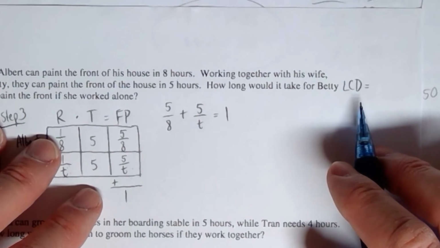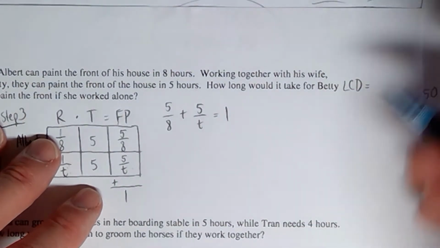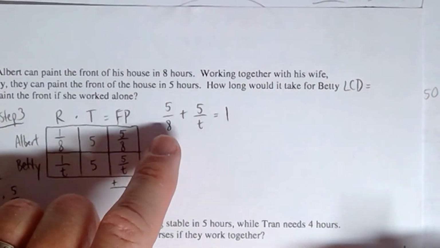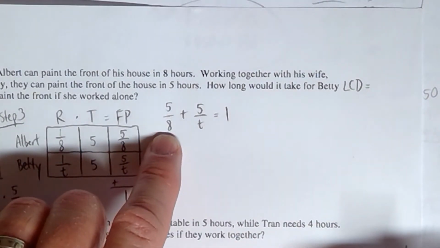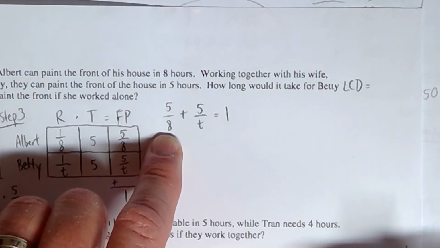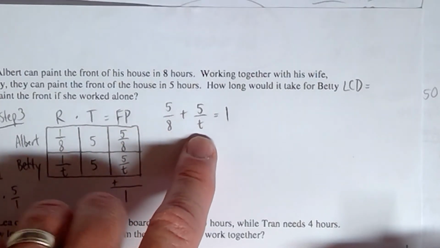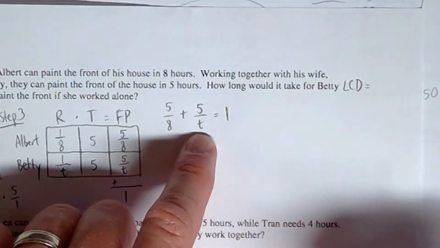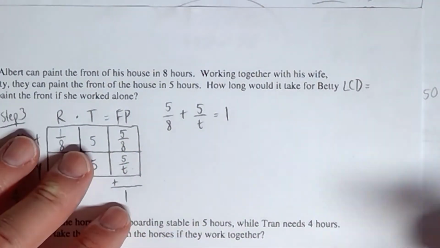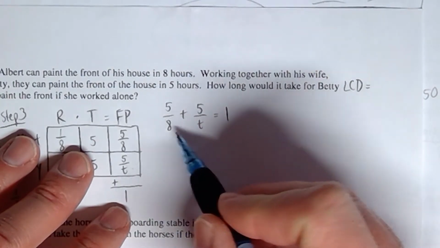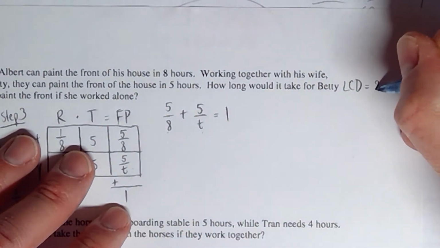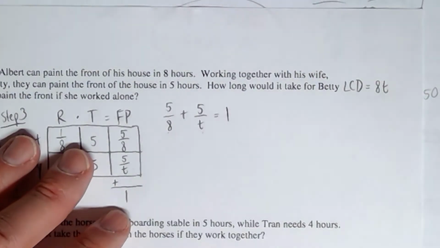What would the LCD be in this problem? Well, without going through an entire review of how to find the LCD, just remember that if you've got a constant denominator like 8, no variable, and then the other denominator is just a variable, it's not like 2t or 3t, it's just t, then whenever you have two denominators, one of them just a constant and one of them just a variable, the LCD is always going to be just those two things together, 8 times t.